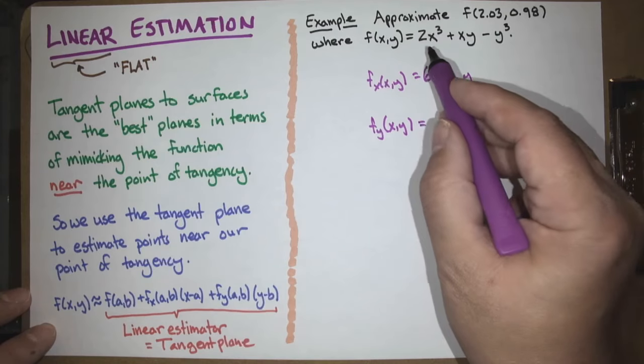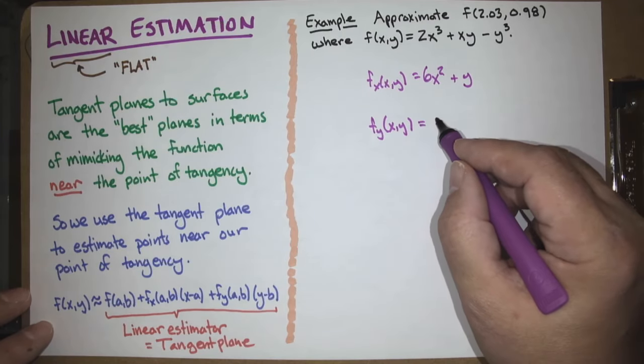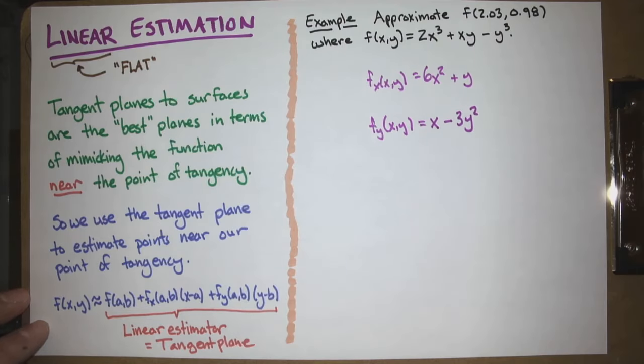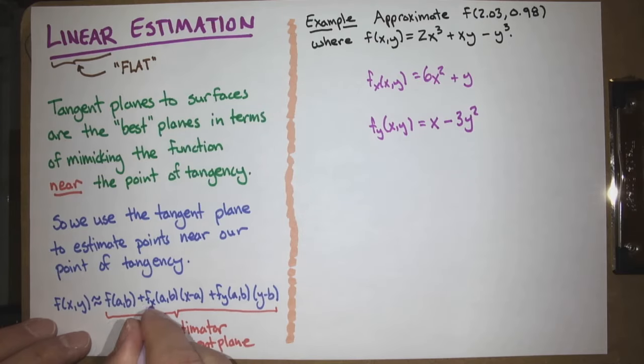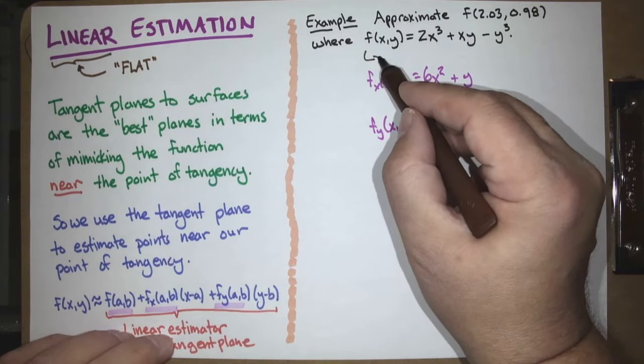F sub y, what's the derivative of the function with respect to y? x minus 3y squared. Good. So we're building up here our approximator, our estimator. The reason we did that is we need information about not just the function, but about the partial derivatives. But we don't want those functions, we want specific numbers. So the next part to do is to evaluate each of these.